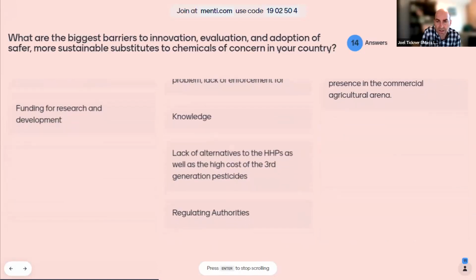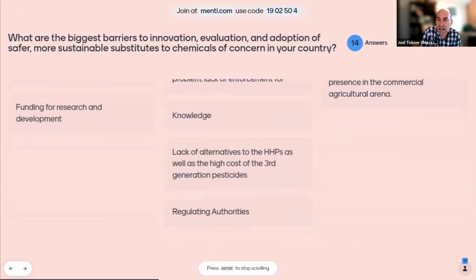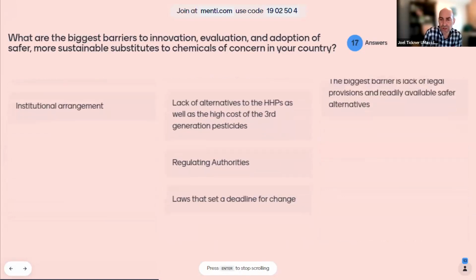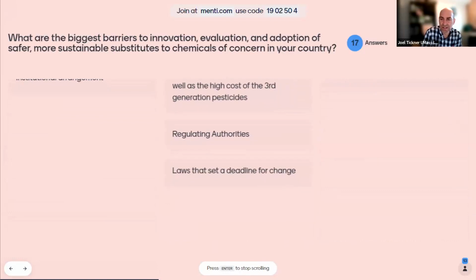Yep. Definitely the point of designing out from the beginning, and this is something we've certainly been doing with chemists and engineers, is how do we train those who are designing systems, agricultural scientists, chemists, engineers, to think about how to design a system that designs out the problems in the first place.